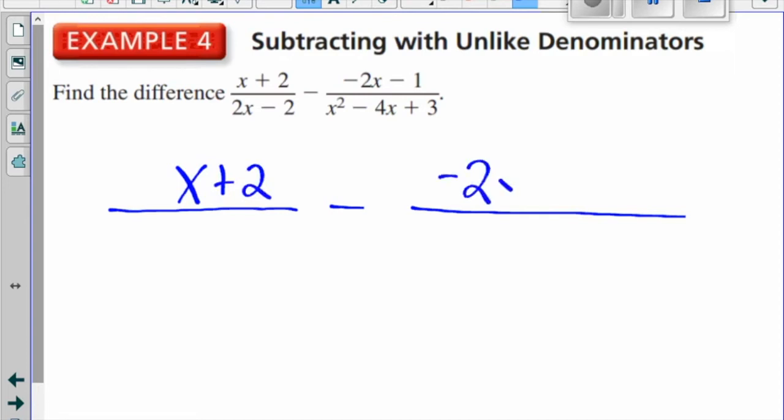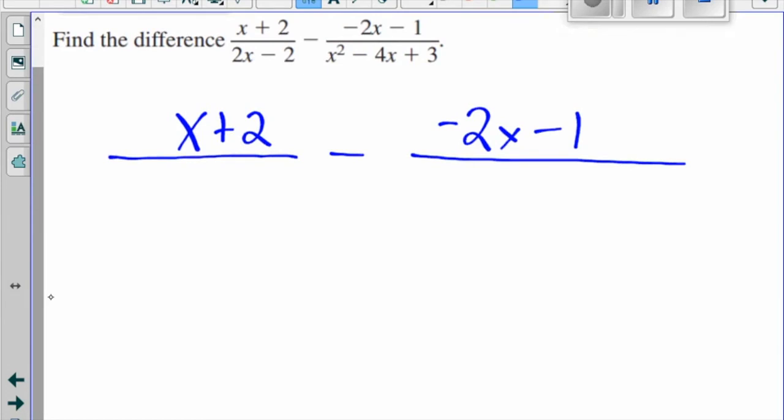The numerator negative 2x minus 1, that's not going to change. Those are going to be the same, because there's nothing we can factor out, there's nothing we can simplify, and even if we could, we leave them alone. Because again, if we're adding or subtracting, well, if things are factored in sets of parentheses, the only way I can add them to something else or subtract them from something else is to multiply them back out. So we don't normally factor the numerators until the very end.